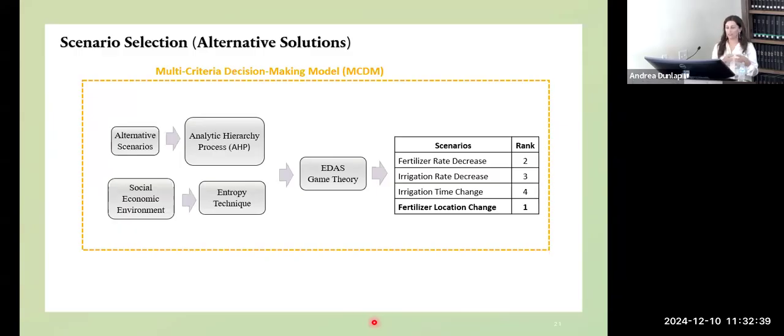And here the three indices that we wanted to include in our decision were the environmental, economic, and social indices. Using techniques like AHP and entropy, each of them gives weight to the importance of the index that we are looking at.